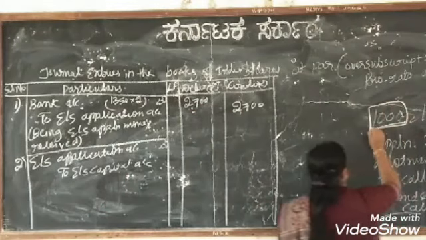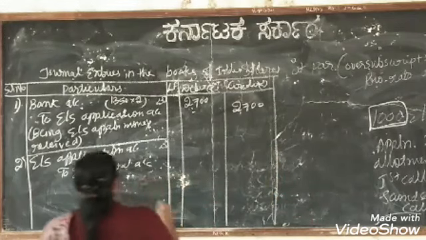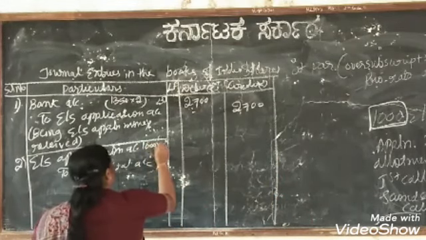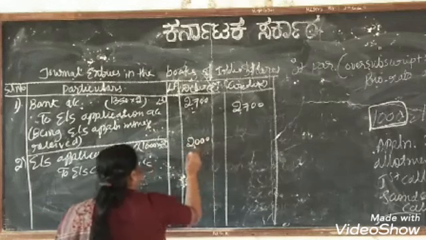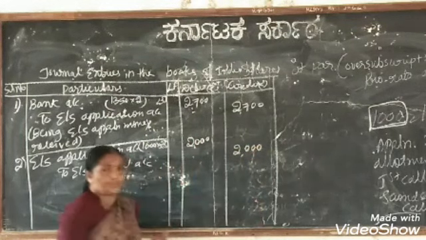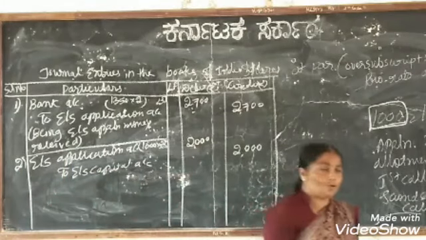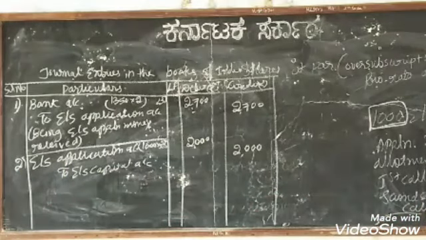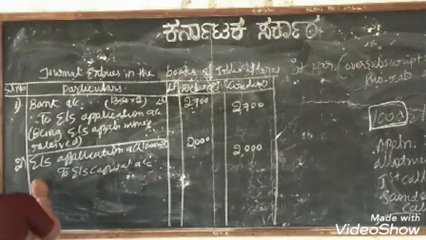Only 1,000 shares, at face value. So 1,000 into 2, it is 2,000 only we have to take. Remember, we take only the number of shares allotted at face value. It may be at par, at discount, or at premium; it doesn't matter.